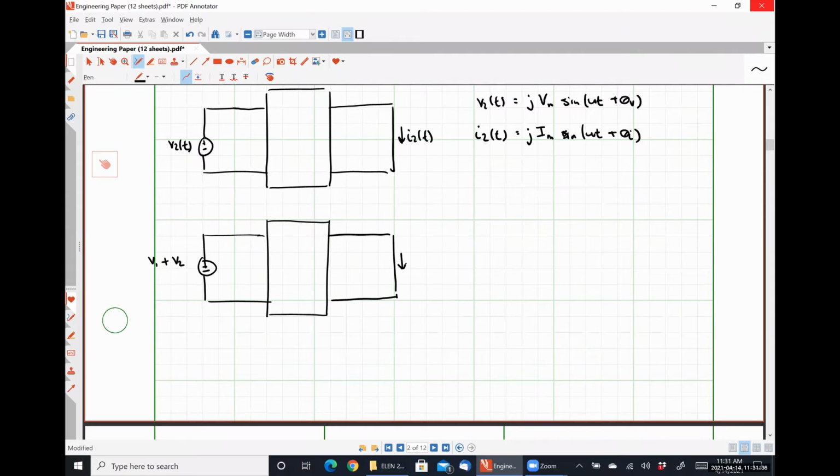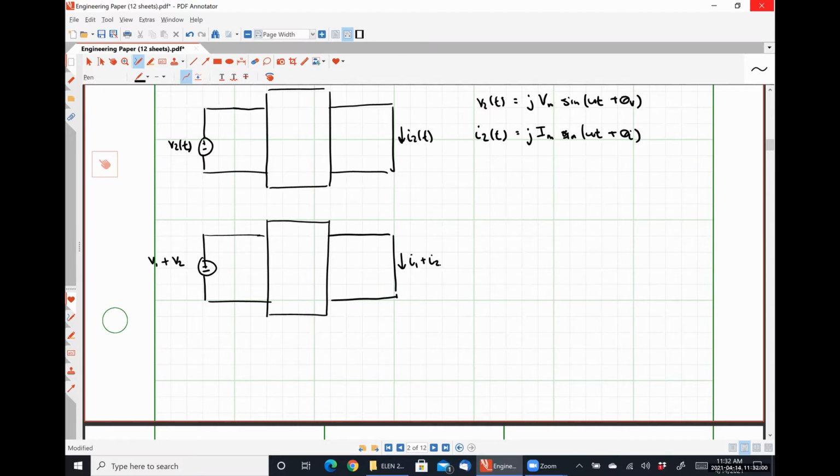My response, due to the additivity property, should be I1 plus I2, right? So this is that whole superposition. Well, it's called superposition in your Circuits 1, but superposition actually involves the scaling property as well. So this is really just the additivity.